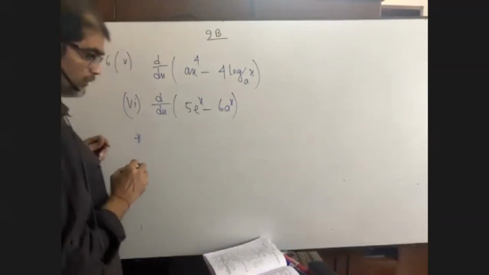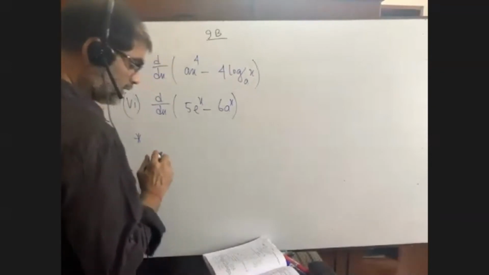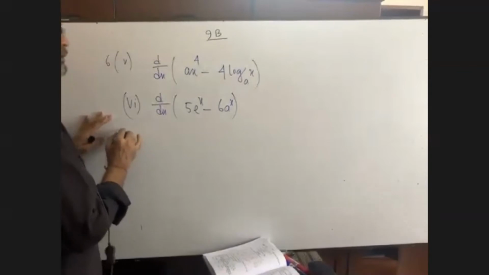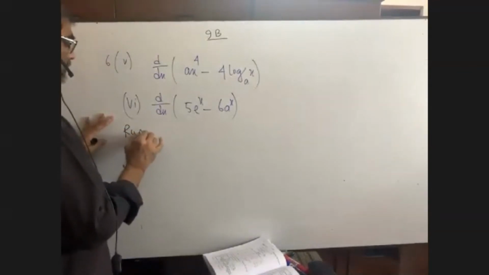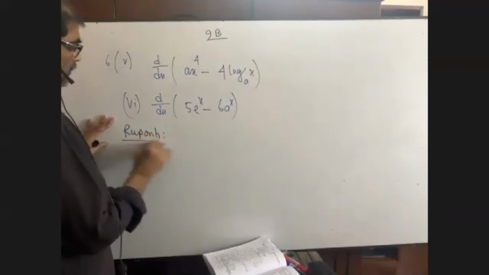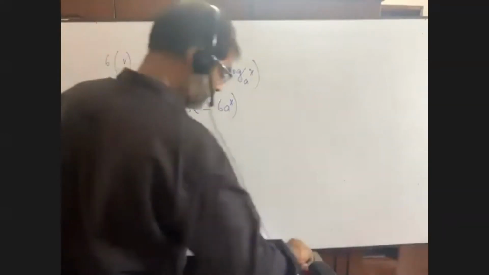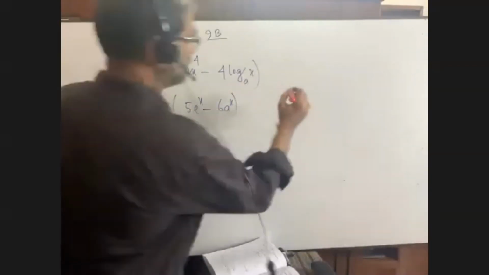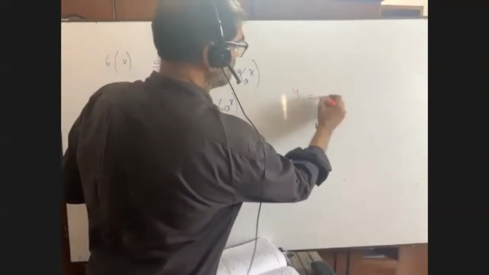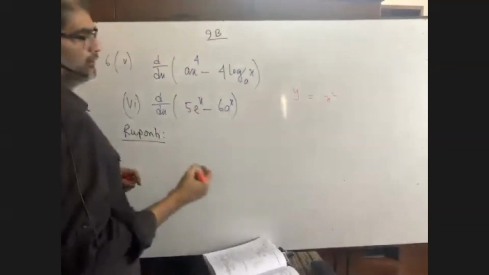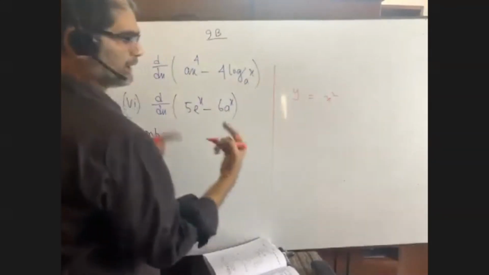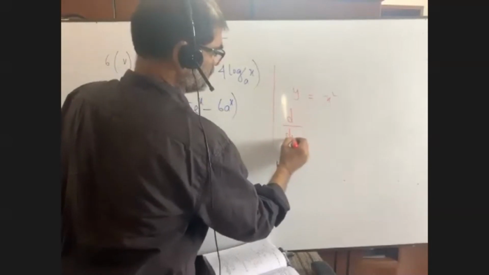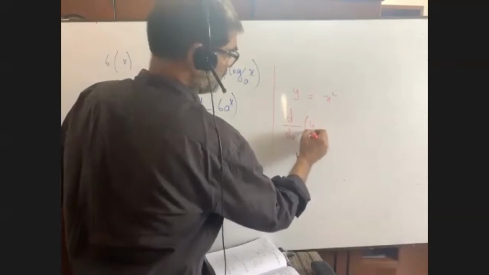Actually, suppose you see one thing. Suppose it is the math from Ubuntu. Suppose y equals x square. Now, please try to understand. I have to differentiate, that means d by dx. We are going to differentiate y.